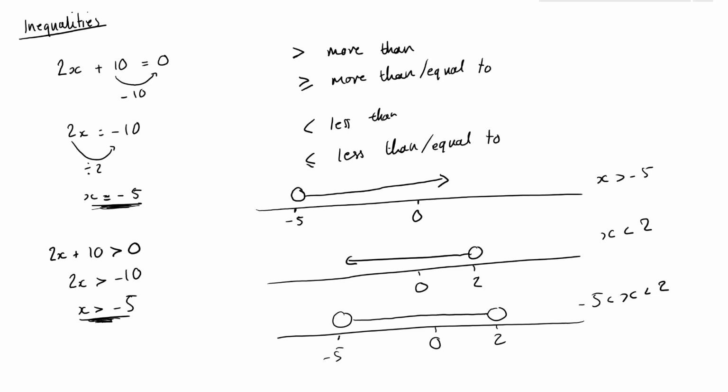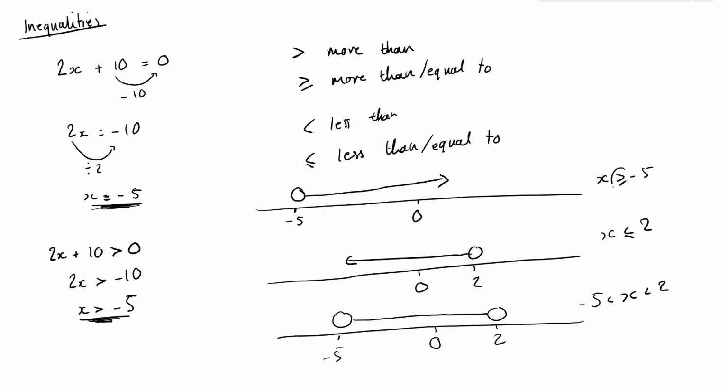So what would happen if now these were not open circles, but were closed circles? That would be when we add this equals to symbol. An open circle means that it's a limit, but it can't be a possible value of that thing.